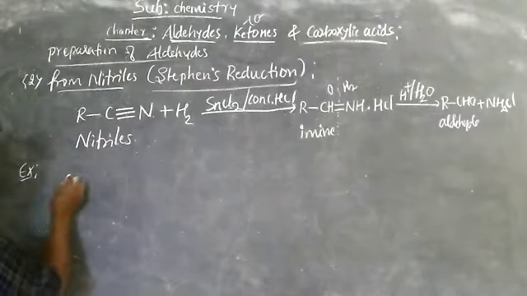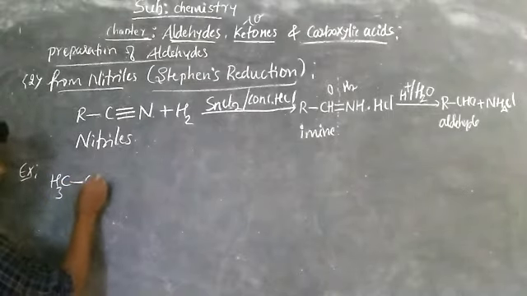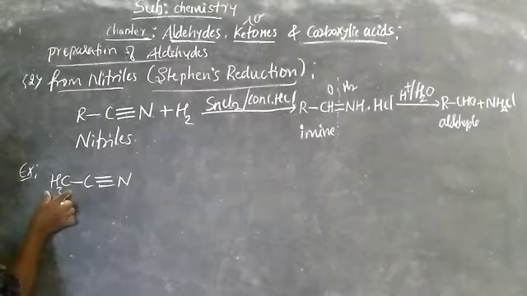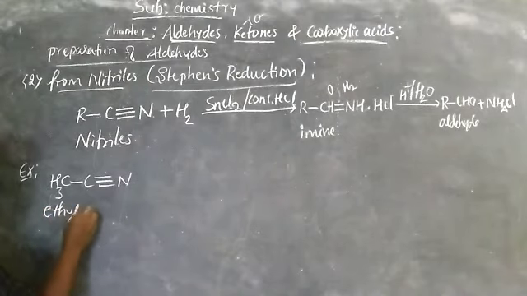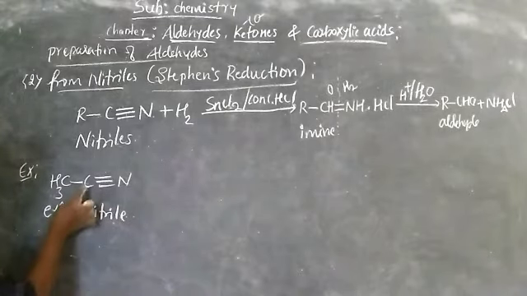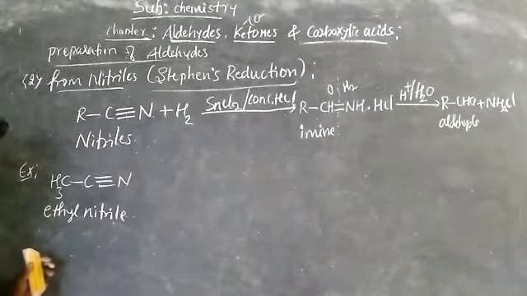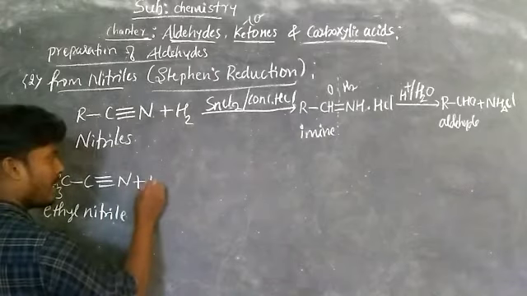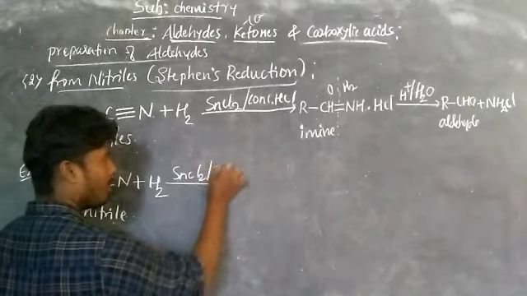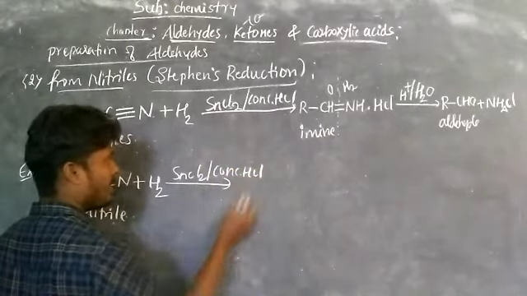Now the second example. In place of R take CH3 C triple bond N. This is called a nitrile, ethyl nitrile, because there are 2 carbons. This ethyl nitrile undergoes reduction in presence of stannous chloride SnCl2 and concentrated hydrochloric acid HCl.